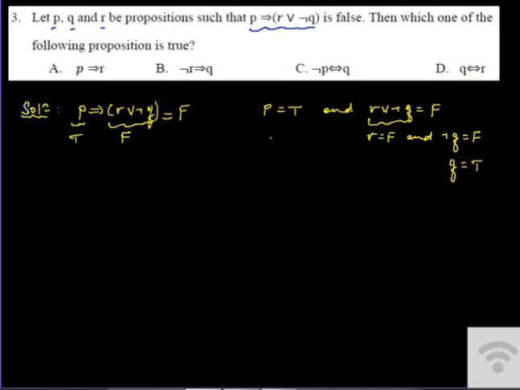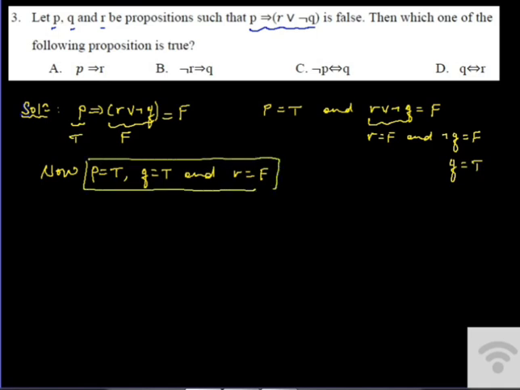So we have the information about P, Q, R. Now P is true, Q is true, and R is false. We will have this from the given information.